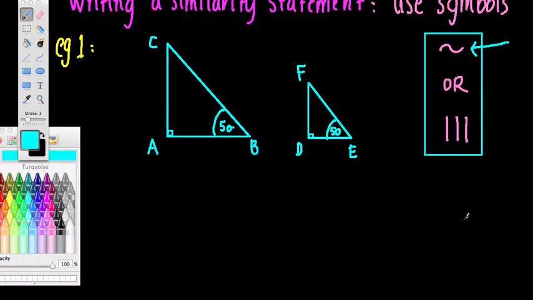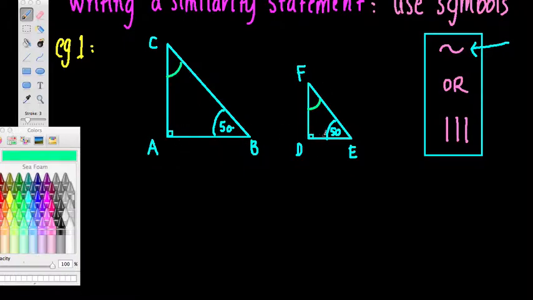Okay, so what I can see with this triangle here is it's got a right angle, both have a right angle. It's also got a 50-degree angle. Therefore, this angle here must be the same. And what angle would it be? Well, we know they've got to add up to 180.